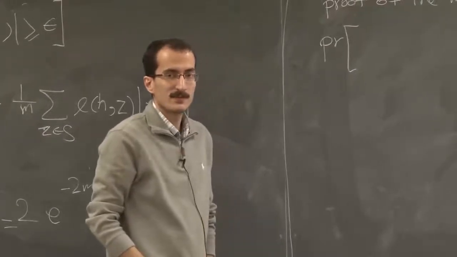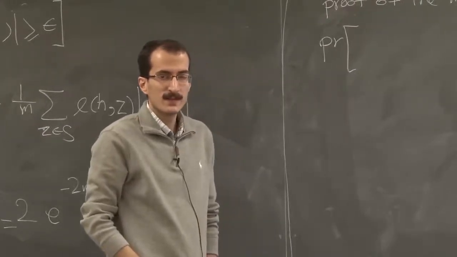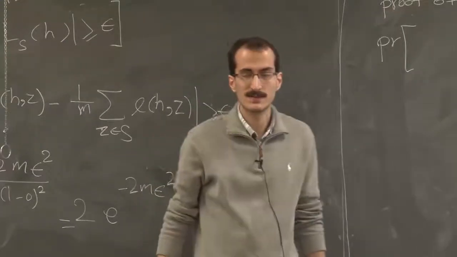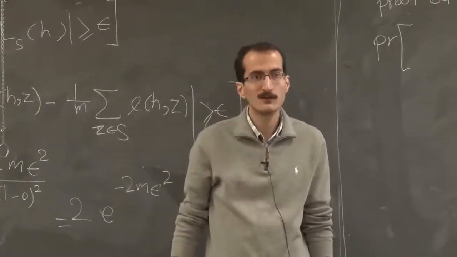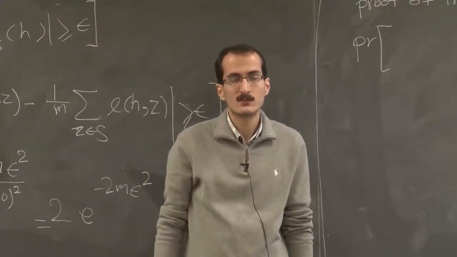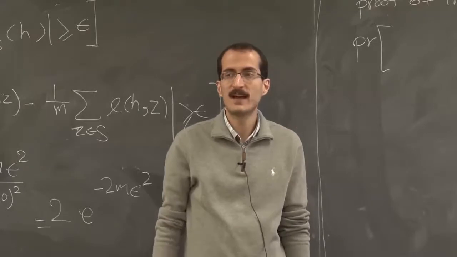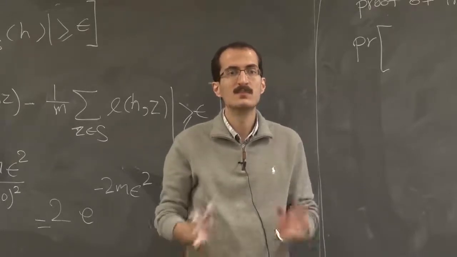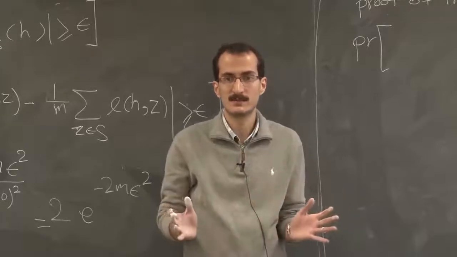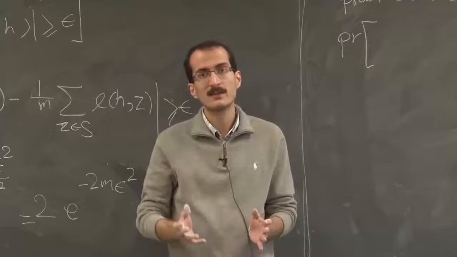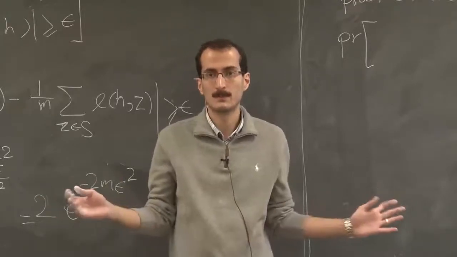And what is the probability of failing? It fails when our sample is not epsilon representative, right? Our goal was to say that if I have enough instances, then my sample set is epsilon representative. That was the goal. In that case, I will have ERM working.